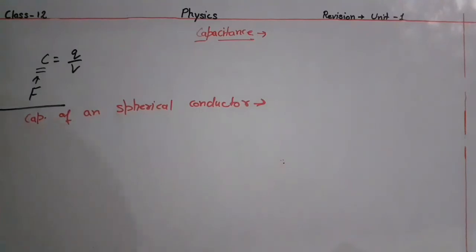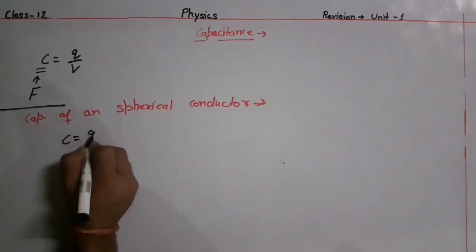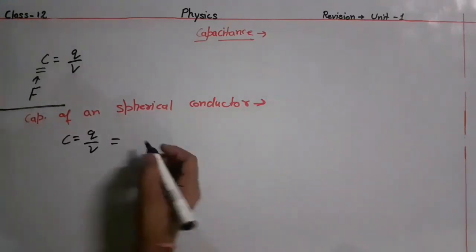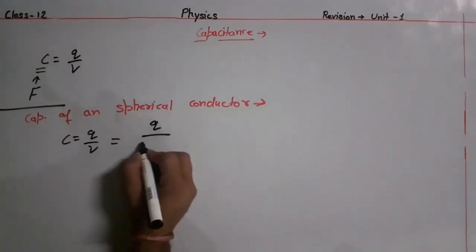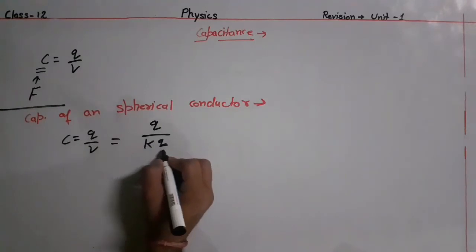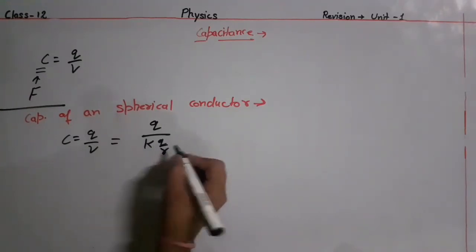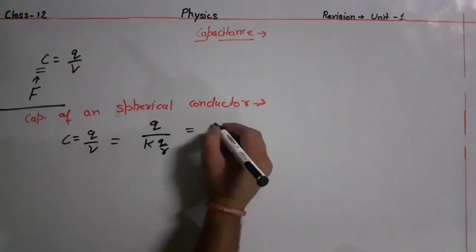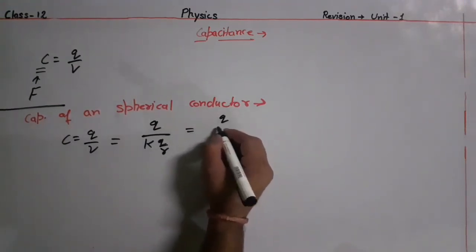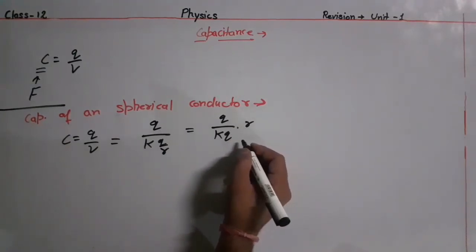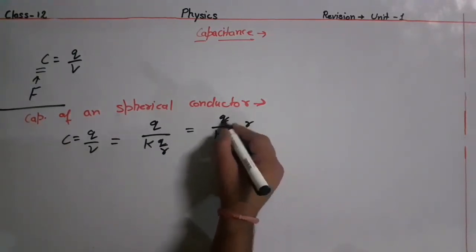So let's find out. We know that C is equal to Q by V, and what is the value of V for a spherical conductor? V is KQ by R. If we rewrite it, it will give us Q by KQ by R. K and K will cancel out, Q and Q will cancel out.